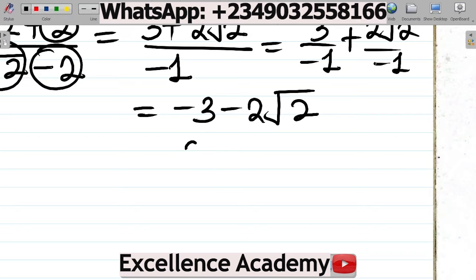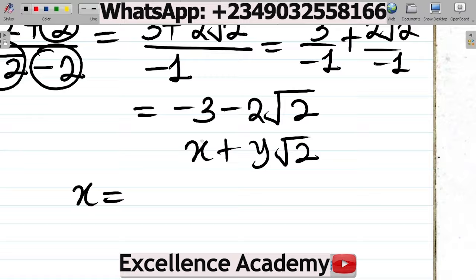Don't forget that they said the form was x plus y root 2. So if you compare this, let's get y first. y is the term attached to root 2. What is attached to root 2 here? It's not just 2, but minus 2. We include the minus. So y is minus 2.